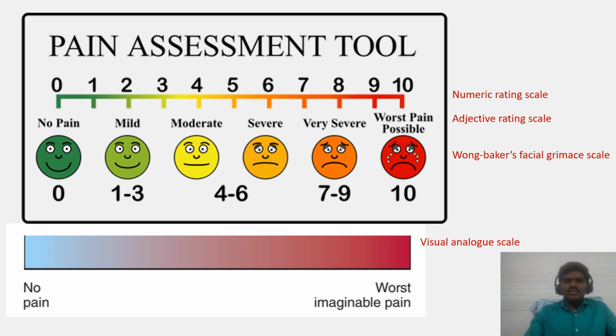And then there is the visual analog scale, in which there is a graded colored bar on which the patient will place a point about his severity of pain, from no pain to worst imaginable pain. This is how you evaluate the pain assessment.